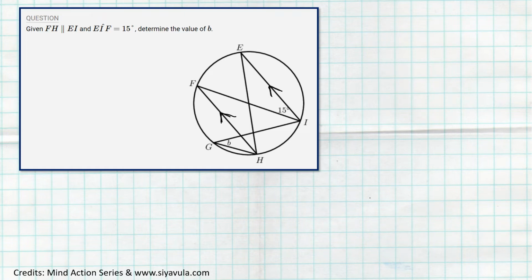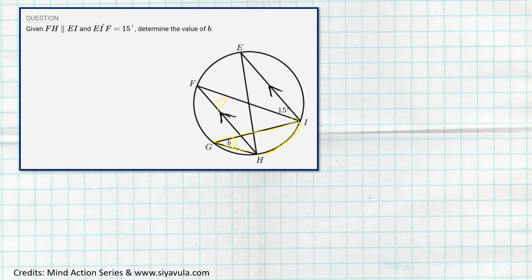Can you see that there's this sort of oxbow tie, where there's an arc subtending an angle at the circumference, and the same arc subtending another angle at the circumference, meaning that our B here is the same as this angle F there?